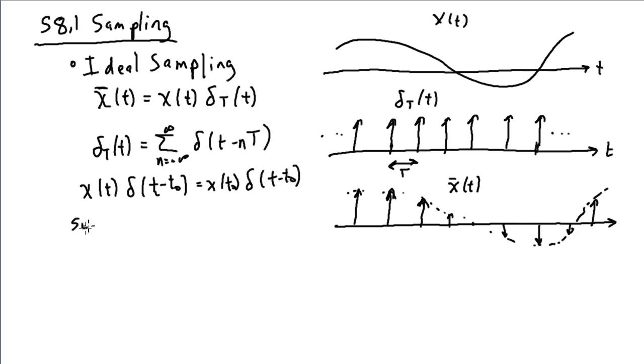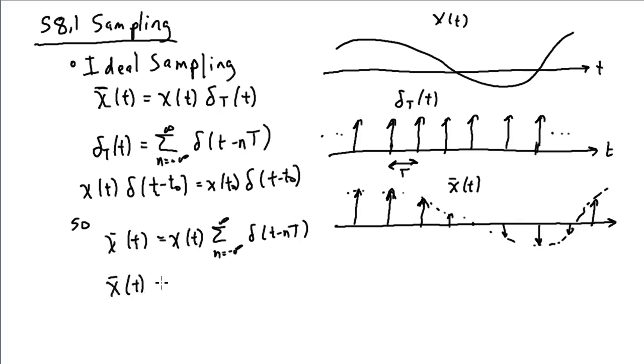And so I can write x over bar of t as x of t times this infinite sum of impulses, delta t minus nT. Each of these impulses is located at n times T.